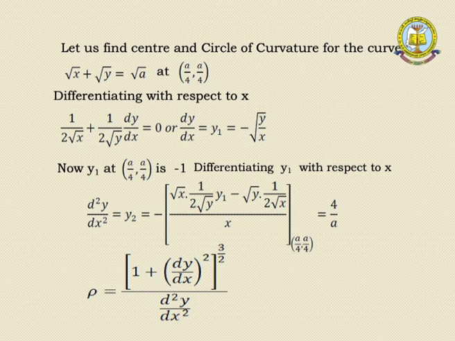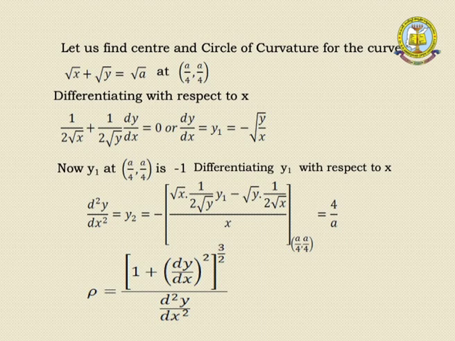Now, substitute a by 4 for y and x, and you will get y 1 equal to minus 1. Then d square y by dx square, which is y 2: you apply the u by v rule for square root of y by x, and you will get d square y by dx square at a by 4 comma a by 4 is 4 by a.